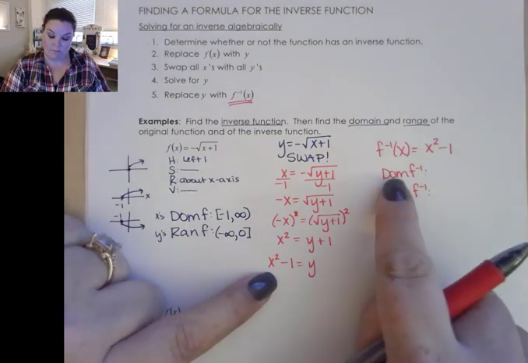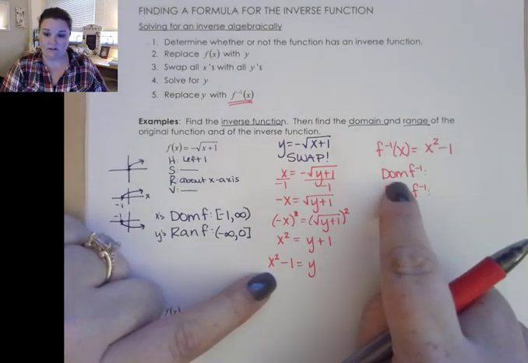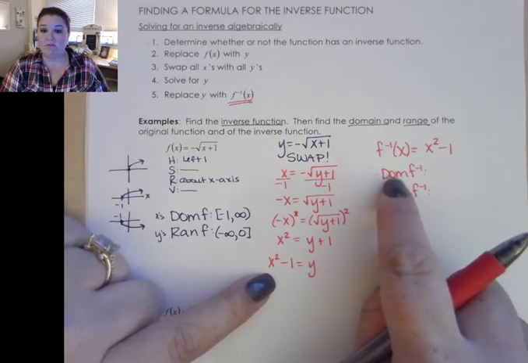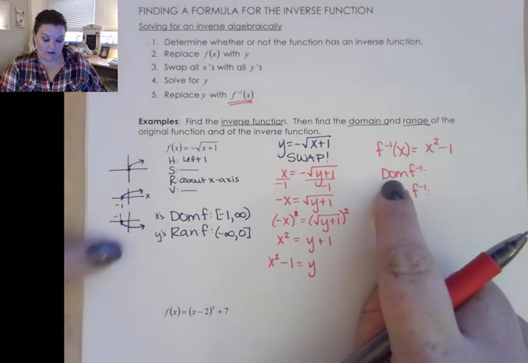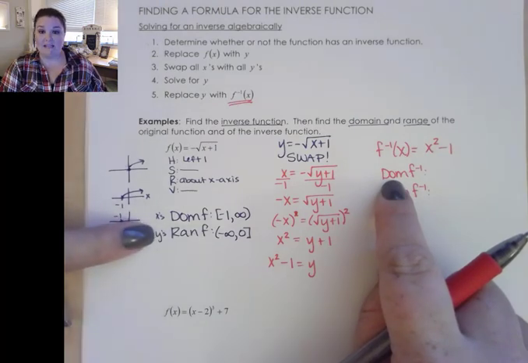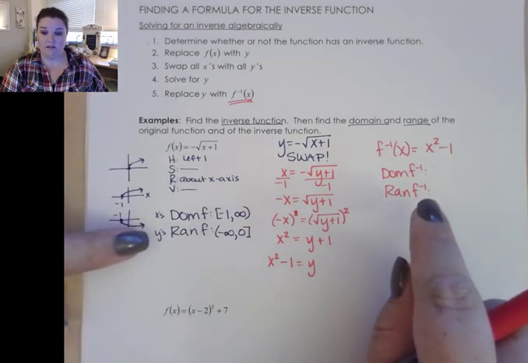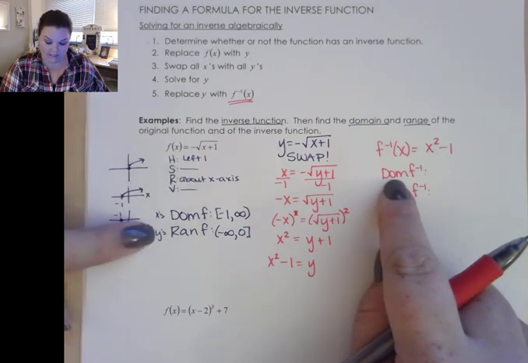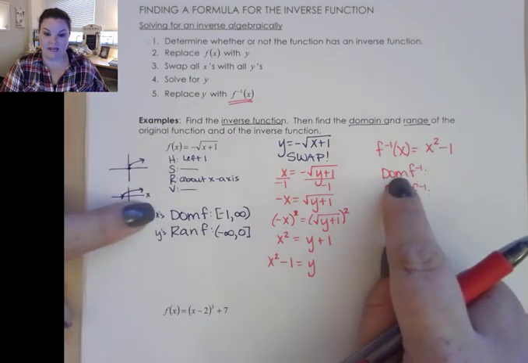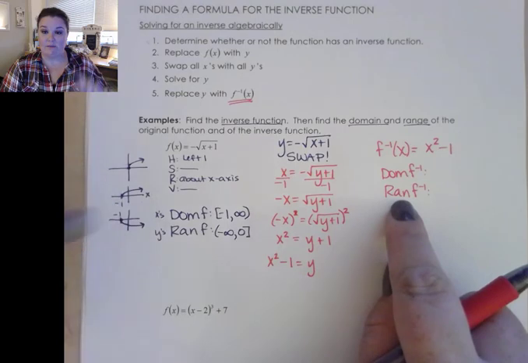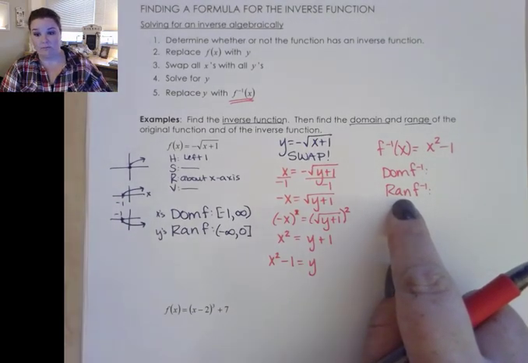Okay. The domain of my inverse function, that's the x's, right? So remember, the x's of our new function we got originally from the y's of our original, right? So in other words, my y's become my x's and my x's become my y's. So I'm just swapping from the original domain and range to get my new domain and range.